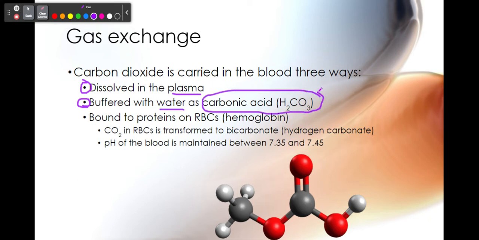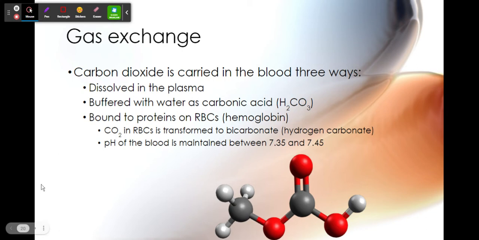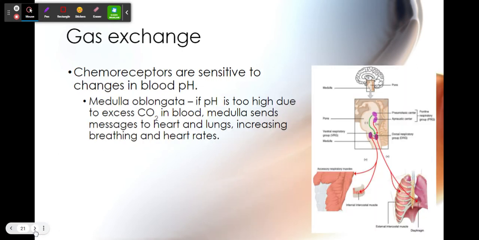And when I have too much carbon dioxide in my blood, I have a lot of this carbonic acid, and that's going to trigger my medulla to know that my blood is too acidic, and we breathe faster to get this out. And then also that hemoglobin can grab onto some CO2. But of course, the hemoglobin would much rather grab onto the oxygen, so it'll let go of the CO2 pretty quick so that we can get that oxygen instead.